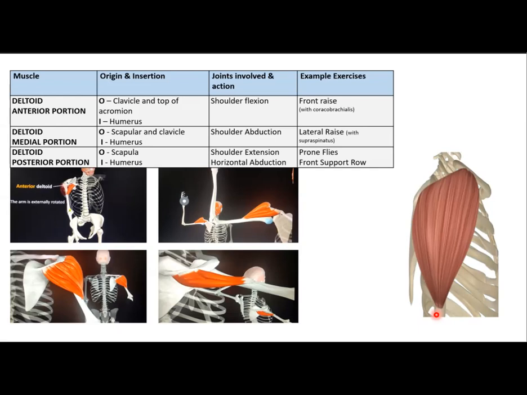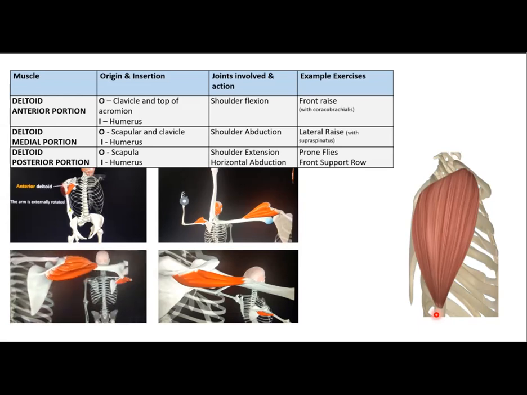When you only do this, it's only your anterior, but if you start doing movements, there are different muscles in your shoulder involved as well. So then the next one is going to be your medial or your lateral. It's an abduction. When you do an overhead press, you're using all three.